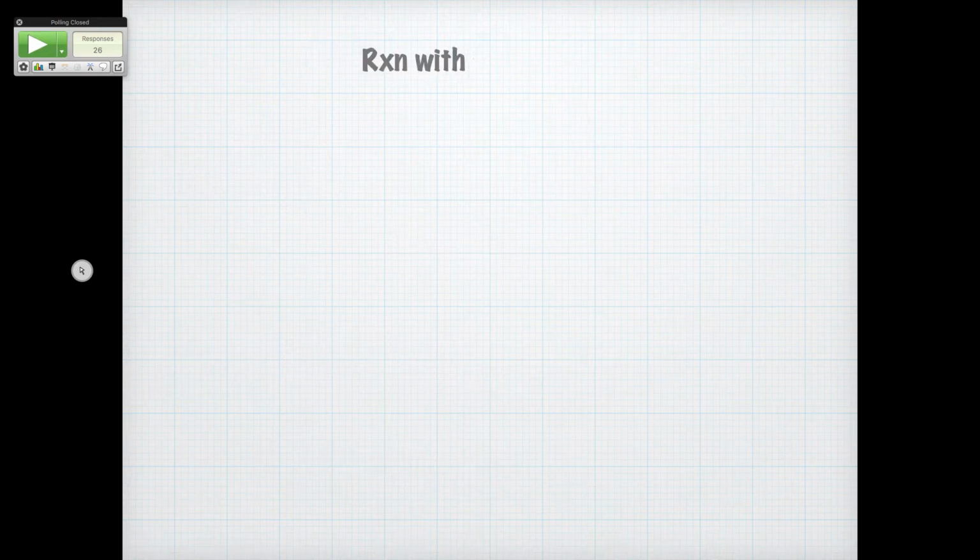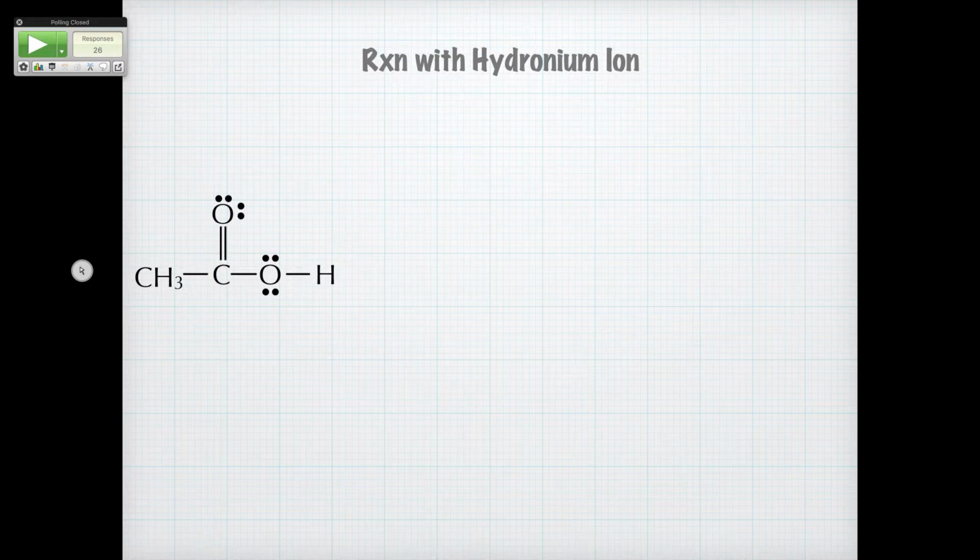All right. Here is acetic acid, and here is hydronium ion. You can actually do this reaction, okay? Even though this is typically considered an acid, and this is considered an acid.